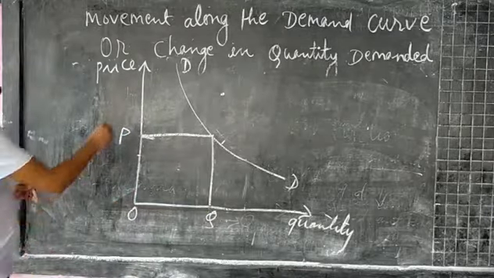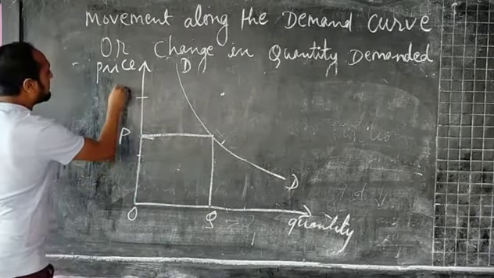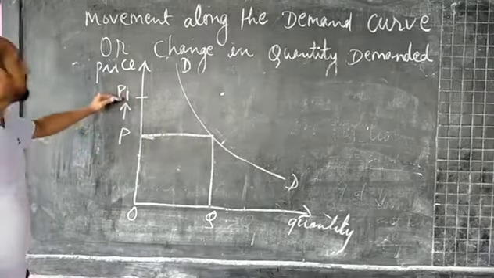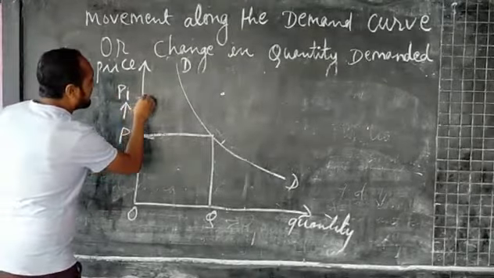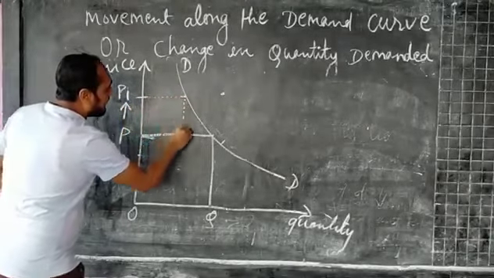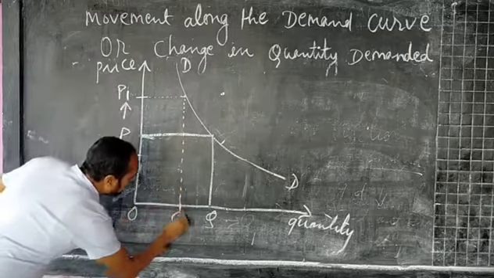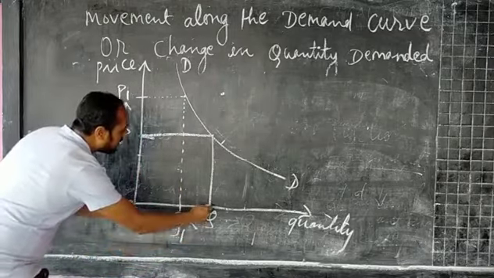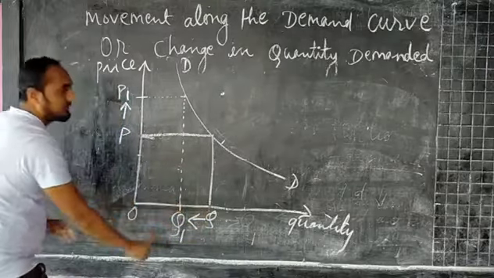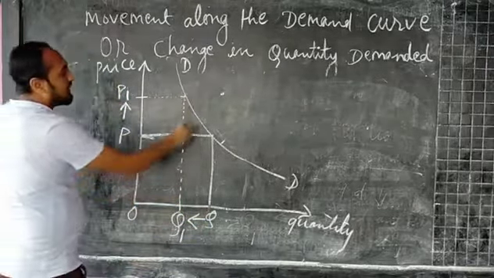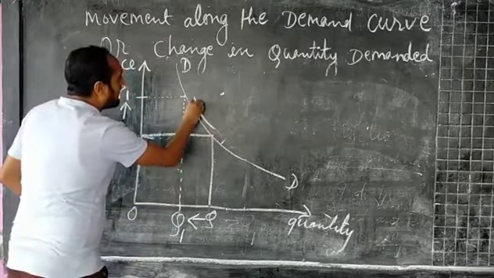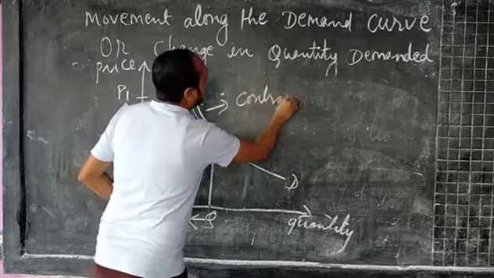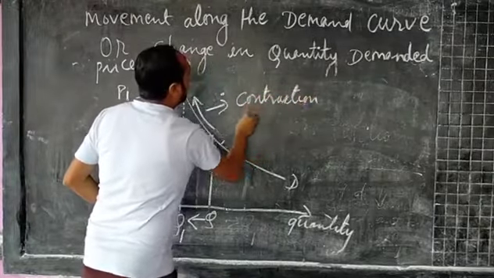If the price increases from P to P1, this upward arrow shows the increase in price. The quantity demanded then decreases from OQ to OQ1. The movement on the demand curve takes place in the upward direction. This concept is known as contraction of demand.